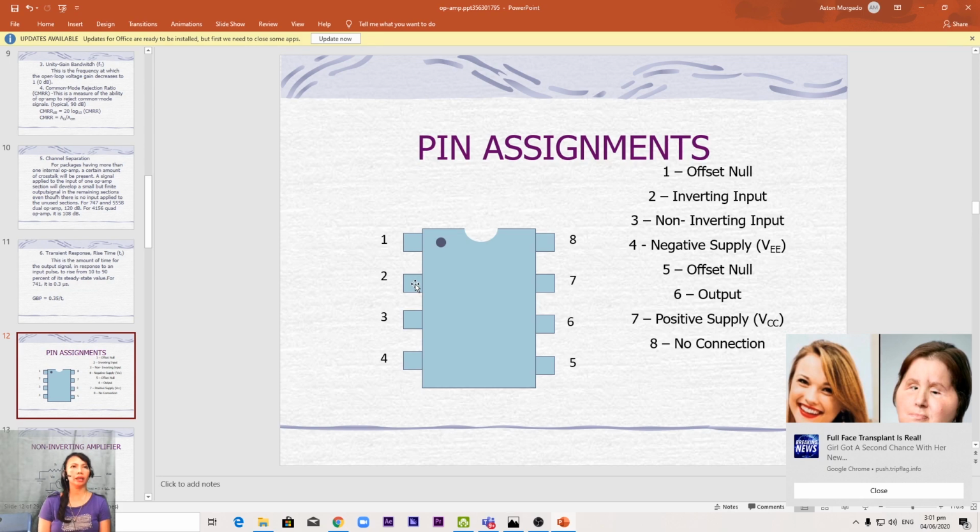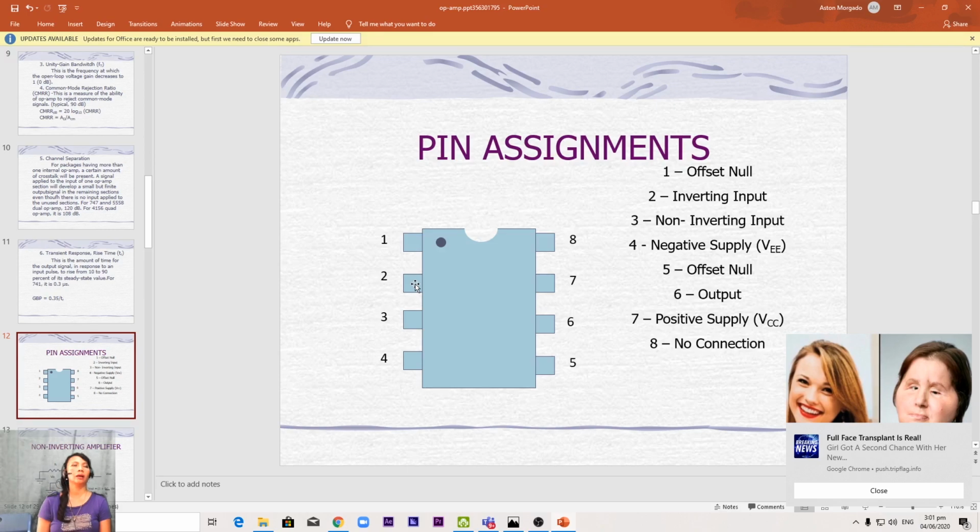And then pin 5 is also offset null. Pins 1 and 5 are usually used if you have to make some changes to the circuit such that the output will be 0 if the inputs are 0. If the inputs at pin 2, the inverting, and pin 3, the non-inverting, are 0, the output should be 0.